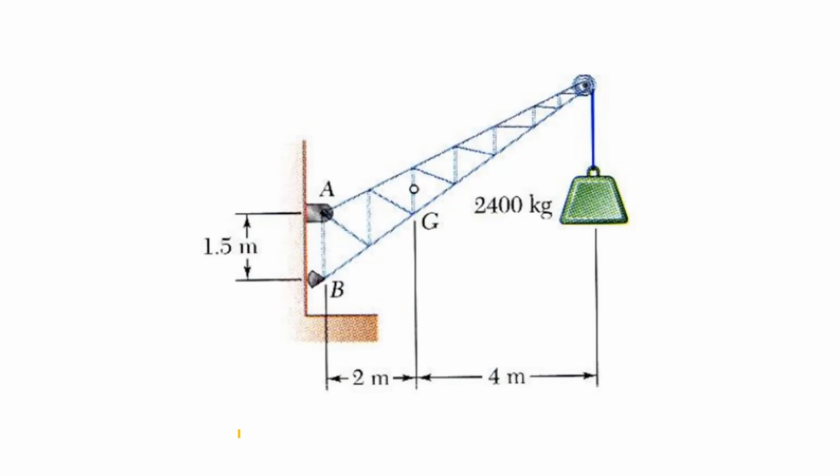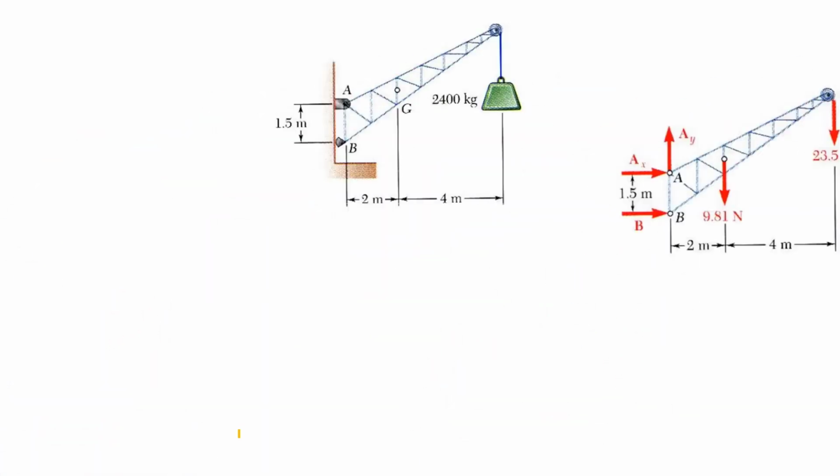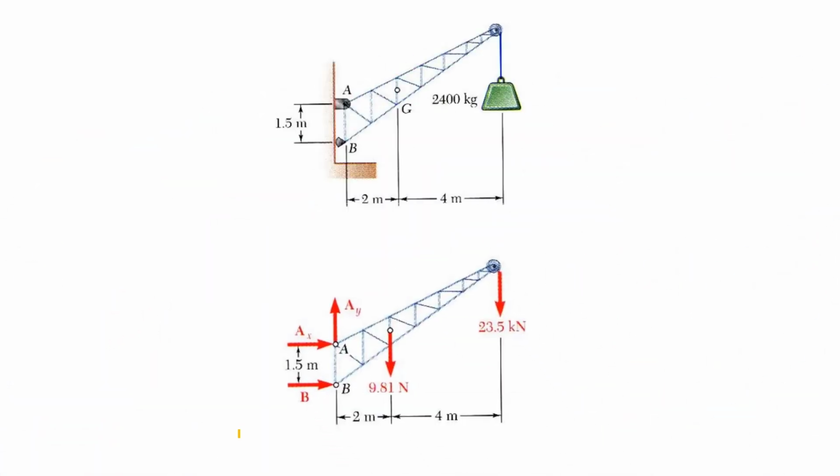Now let's see another diagram. Can you draw the free body diagram of this? Yes, it's very easy. You can draw like this. There are two points, A and B. A is pinned support here. That's why it has X and Y, which means horizontal and vertical components. And B is roller support.